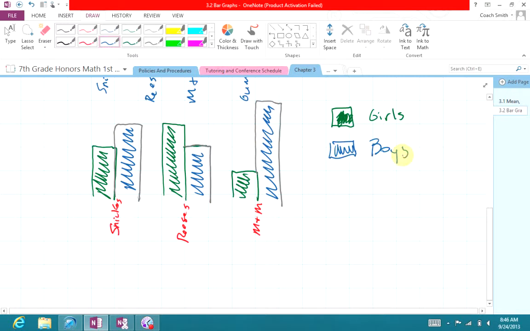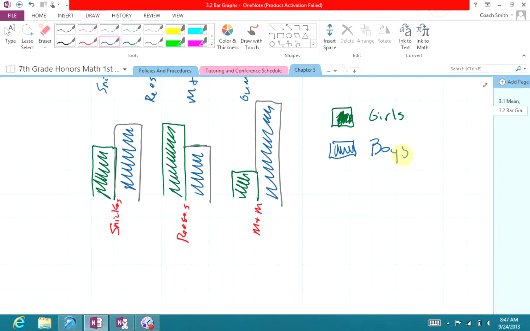Okay, so let's say it represents the snacks that boys and girls like, or candy that boys and girls like the most. Okay, so that's a double bar graph because it's comparing two different people or categories with the same.